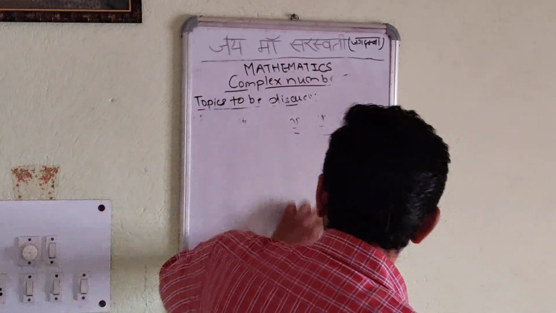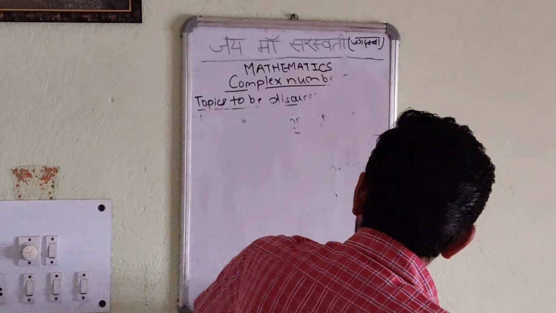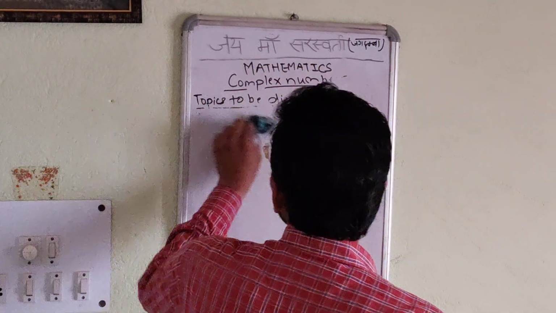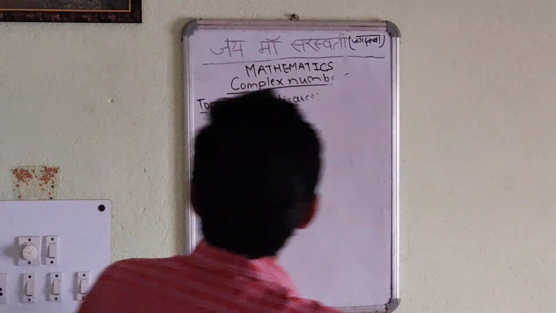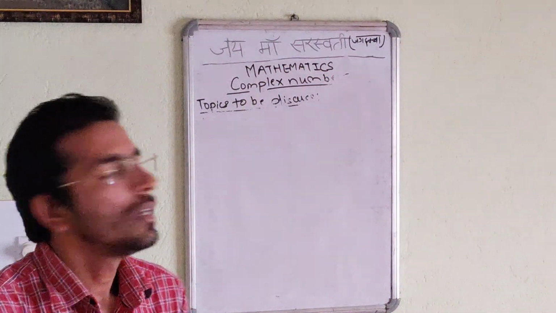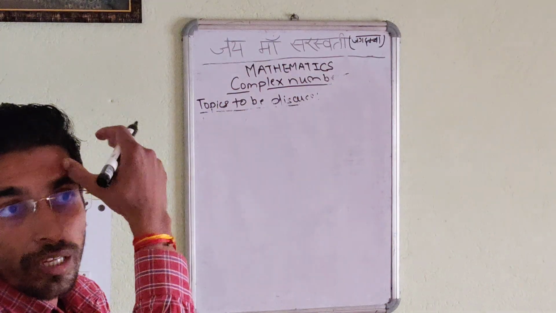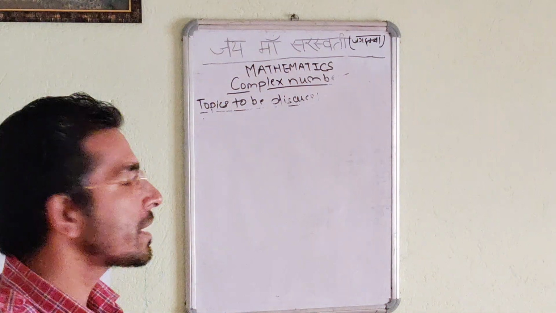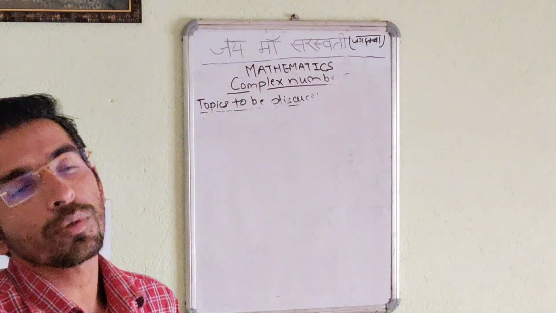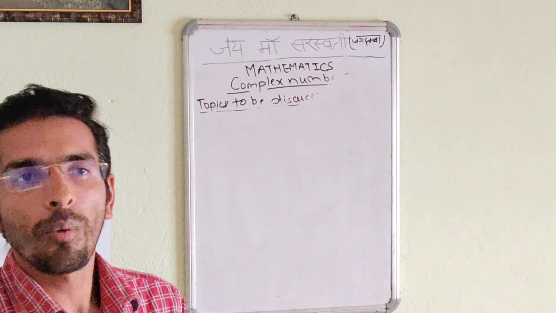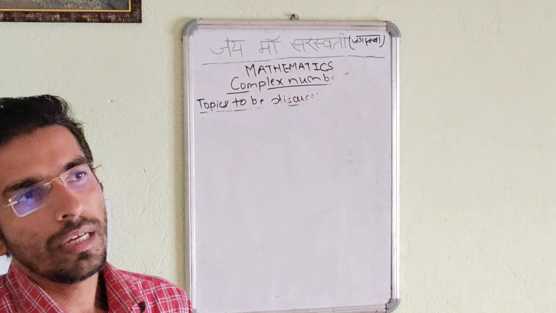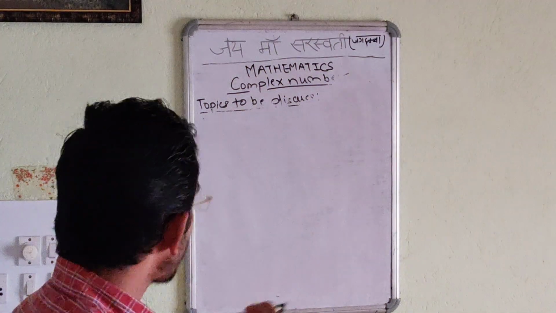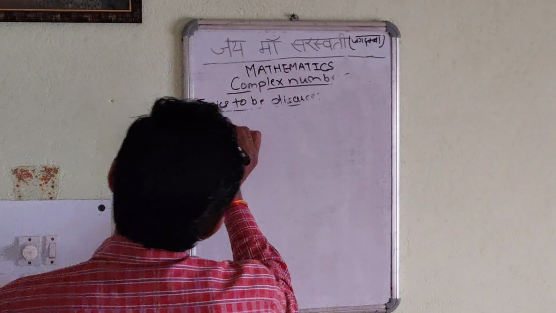The properties which we studied with addition and subtraction are only applicable for addition and subtraction. As far as the properties associated with the conjugate of a complex number are concerned, we have to establish each and every property. So we will be seeing the conjugate of a complex number one by one.